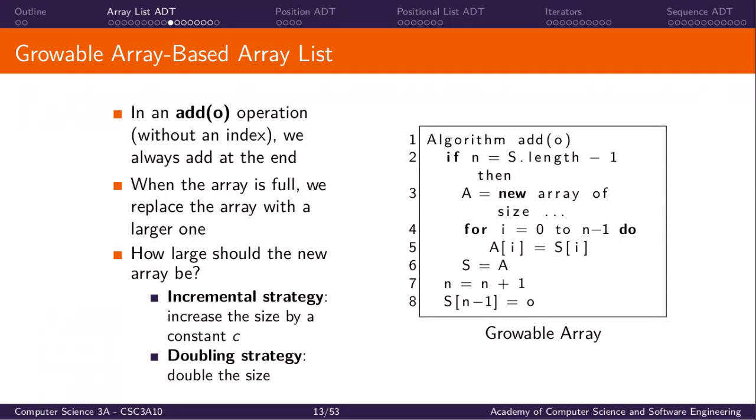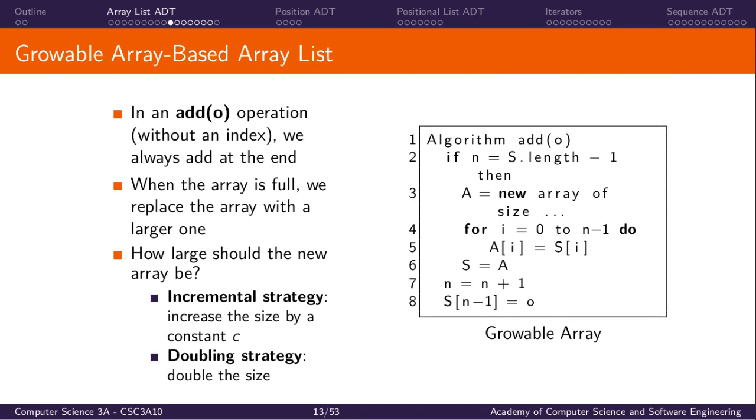So if our new array was A and our old array was S, we'll do A[i] is equal to S[i] from the first element up to the last one. Then we say S is equal to A. So we're effectively making S, the variable S, an alias for this new array A, and the old array that S was pointing to now has nothing referring to it, and so that'll be collected by a garbage collector.